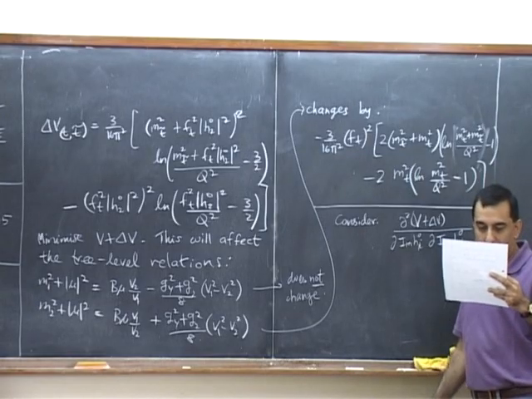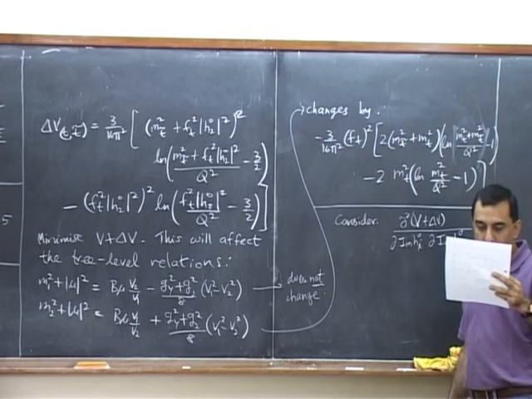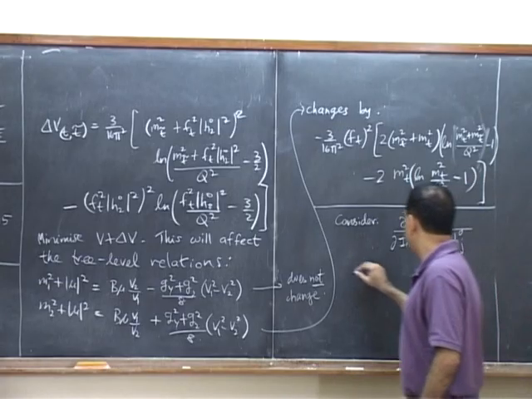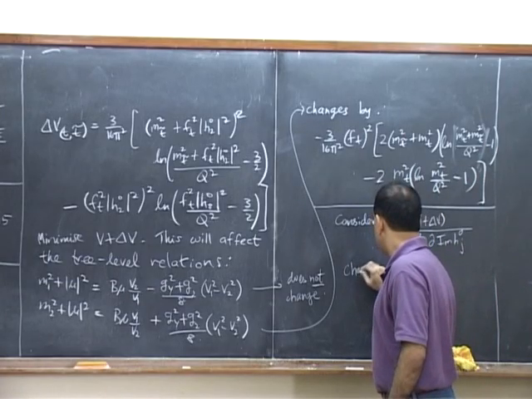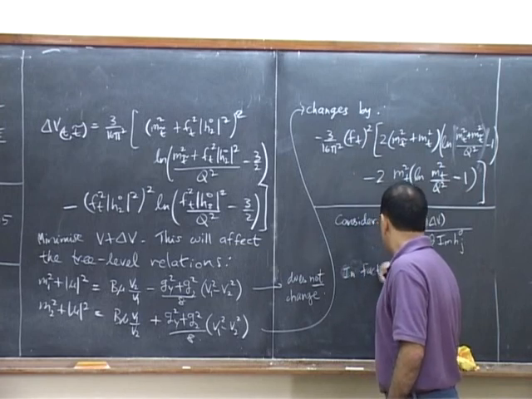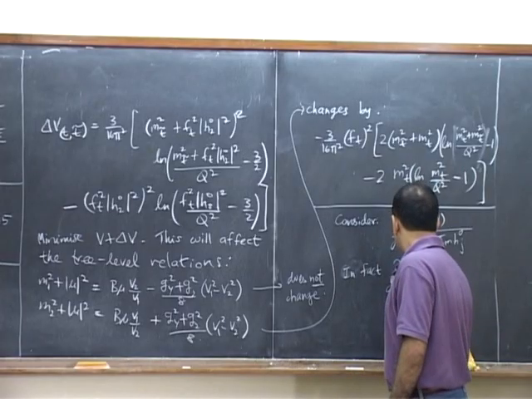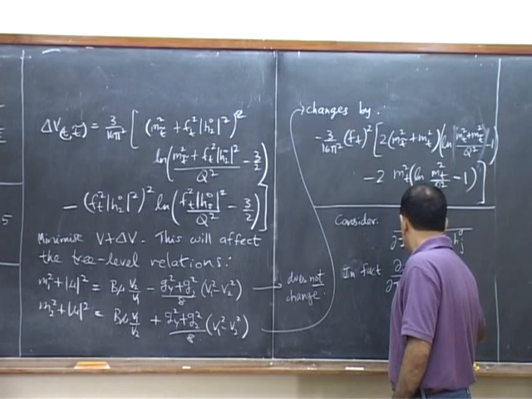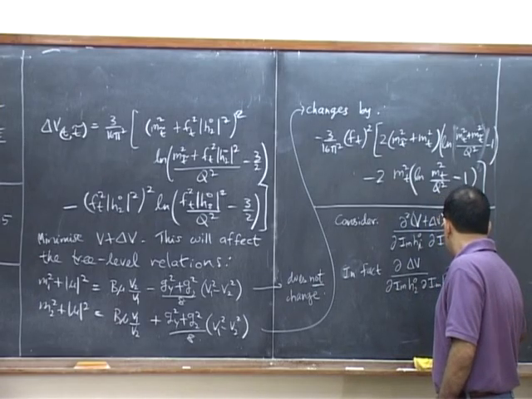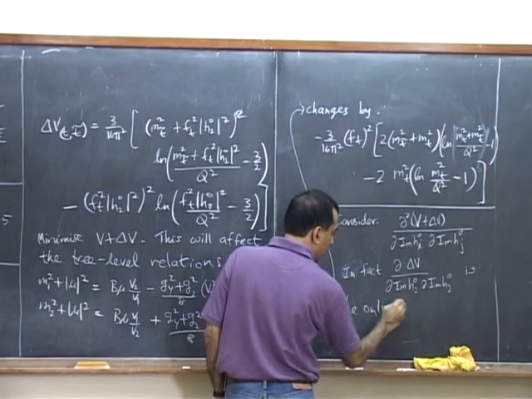And delta V is going to change that matrix. But in fact, the change will be restricted, and that's very easy to see. In fact, the derivative of delta V with respect to imaginary H20 is the only non-zero correction.